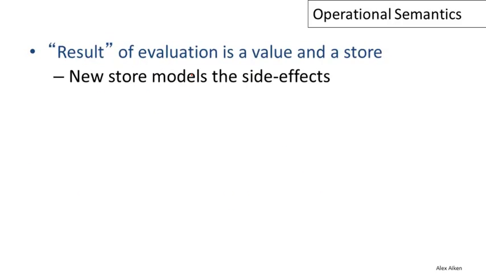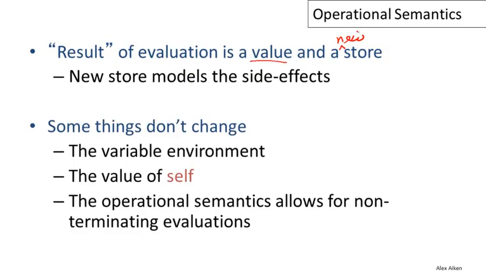To summarize, the result of evaluation is a value and a new store, where the new store models the side effects of the expression. And notice again that some things don't change as a result of evaluation, and this is actually important for compilation because we'll be able to take advantage of the fact that they don't change to generate efficient code.